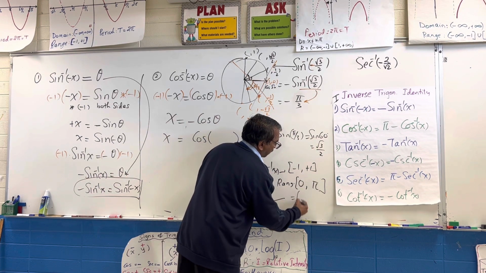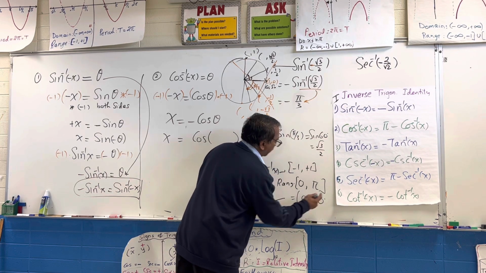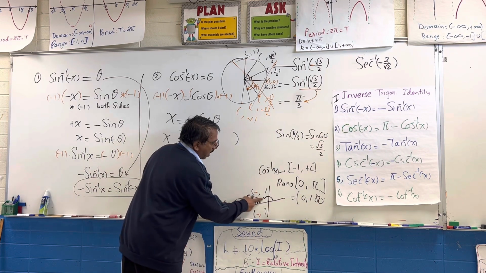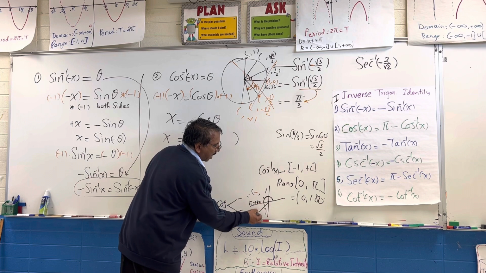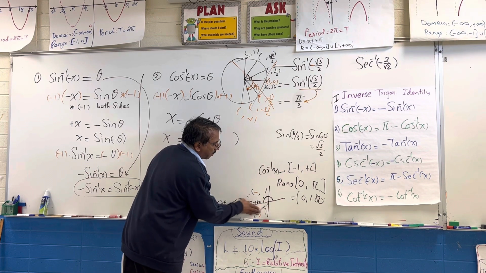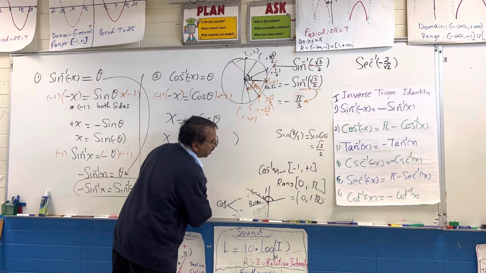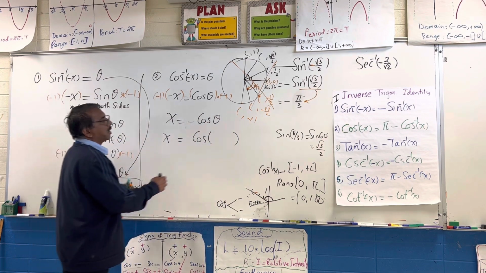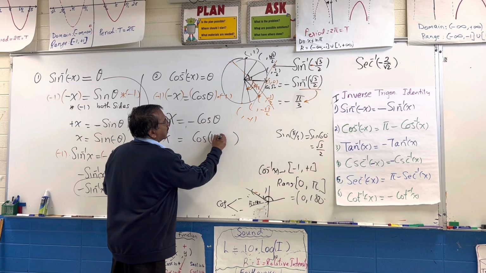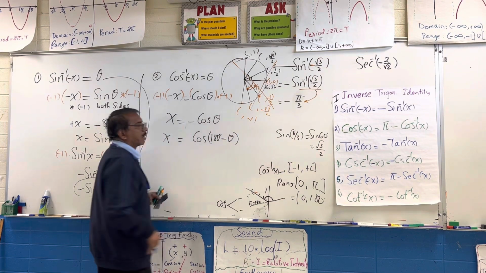That means it is from 0 to 180 degrees. So in other words, you can't have an angle more than that. That's not possible. So the only angle possible should be smaller than this. That's why we need to subtract from 180. So this can be written as 180 degrees minus theta.